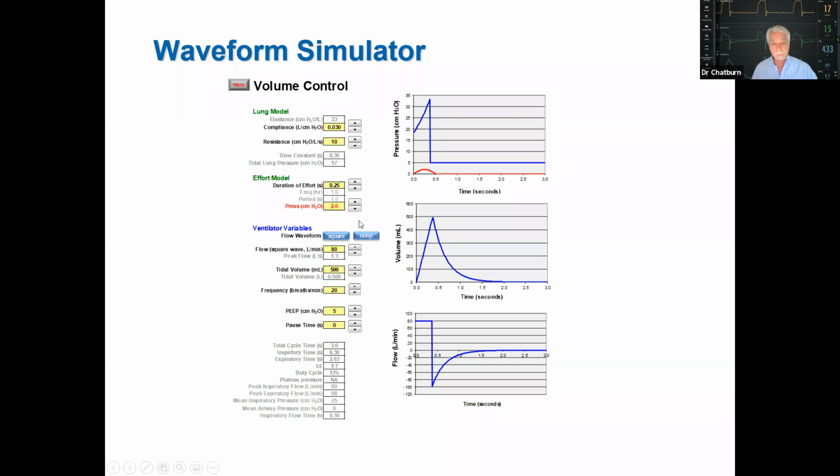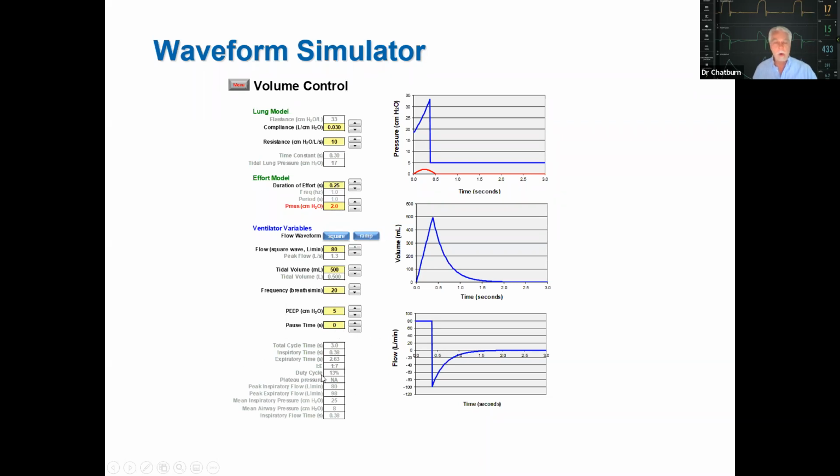And then you have these generic variables for the mode. So in this case, you can set volume control as a square inspiratory flow waveform or a ramp inspiratory waveform if you wanted to. You can set the waveform, the flow, peak flow, tidal volume. You can set the frequency of the mandatory breaths, the PEEP, and the pause time if you want, just like you can on a ventilator.